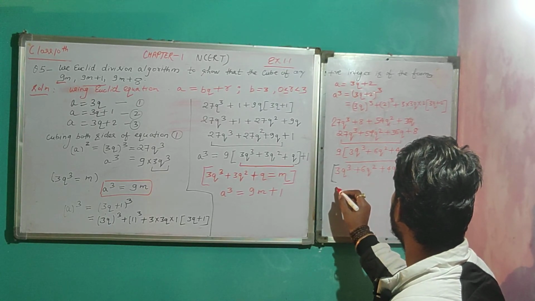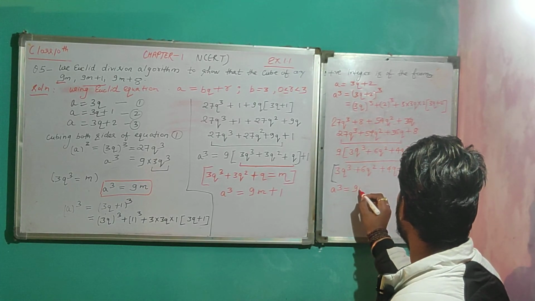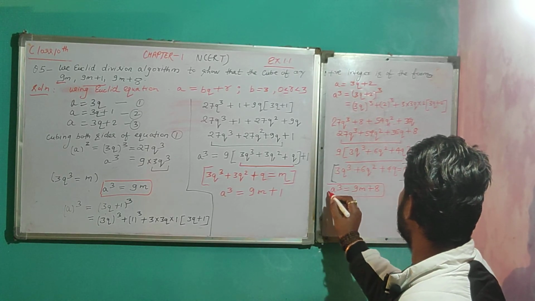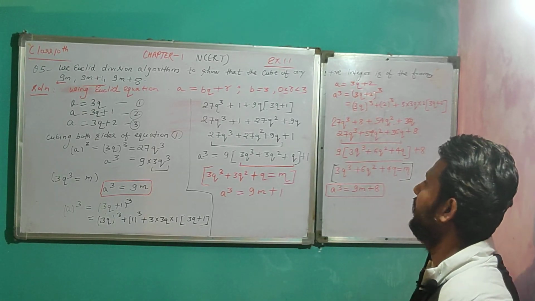We get a cube is equal to 9m plus 8. So this is what we have to prove.